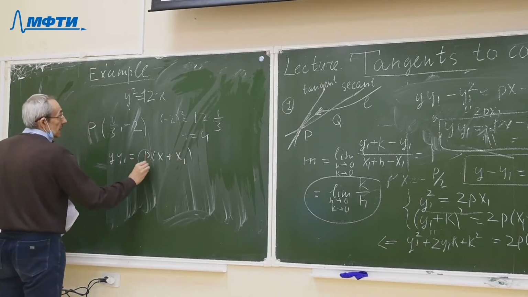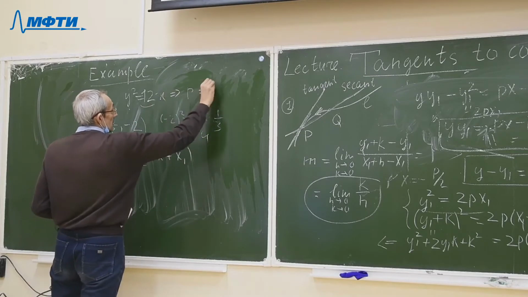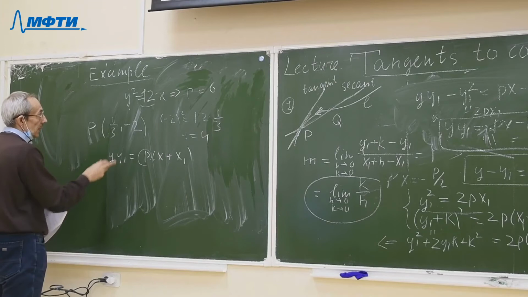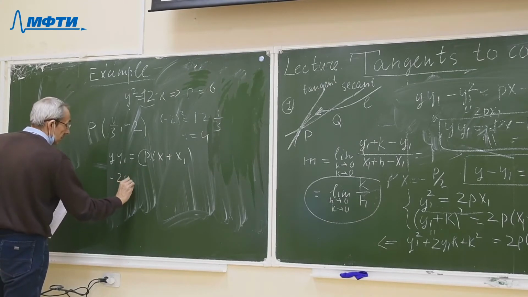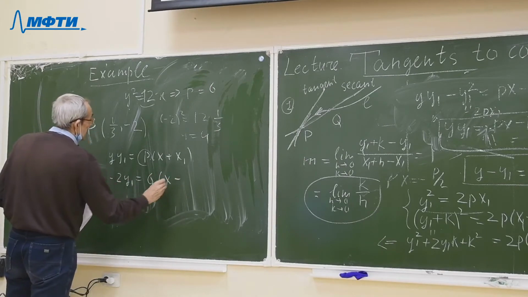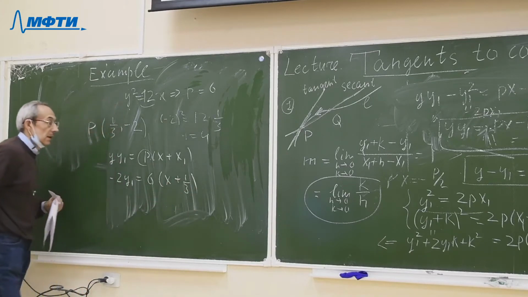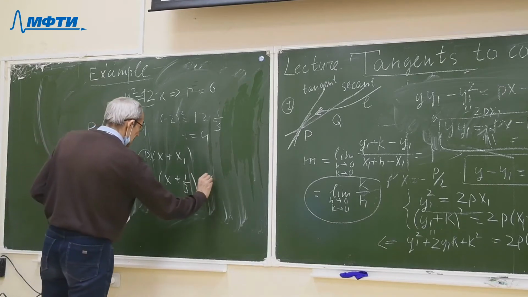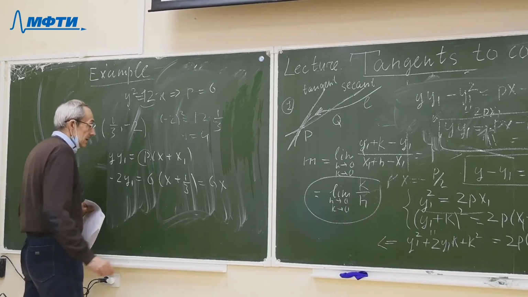In our case p is equal to 6, y1 is equal to minus 2, and we obtain minus 2y is equal to 6 times (x plus 1 divided by 3), and we obtain 6x plus 2.